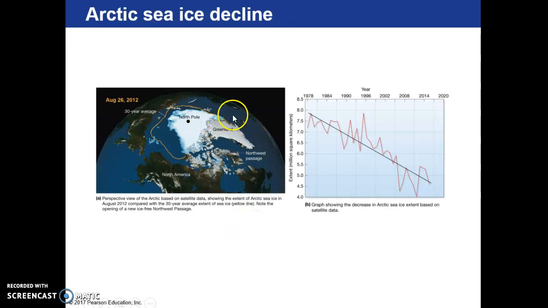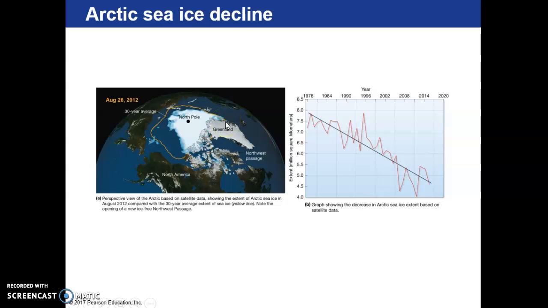So if we look at that visually speaking, this is a composite of satellite data. Our North Pole Arctic sea ice as of 2012 was this small compared to the 30-year average of this yellow line. So that's all that fresh water that's being released back into the ecosystem in that area.